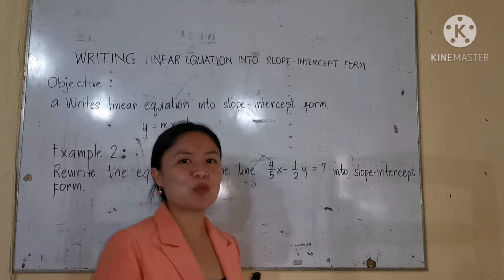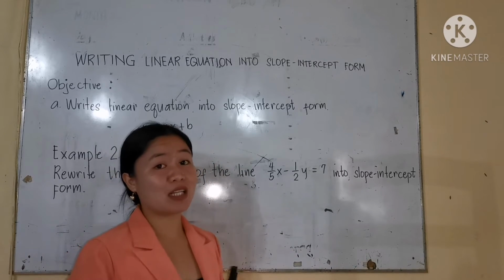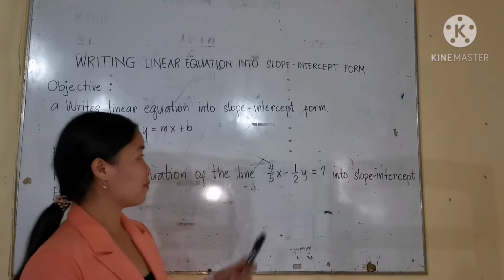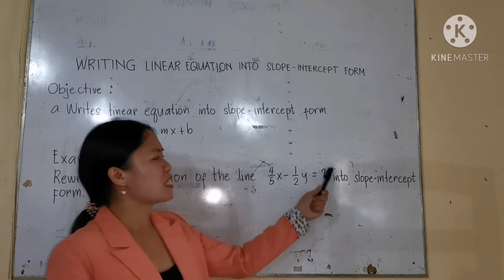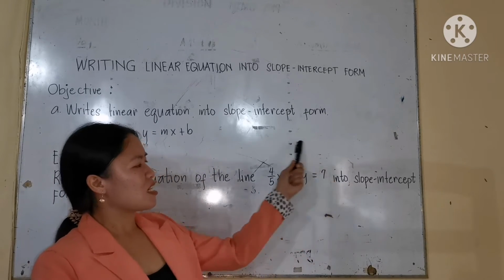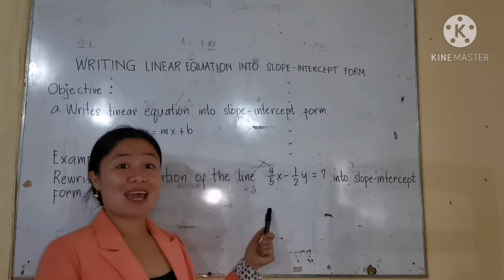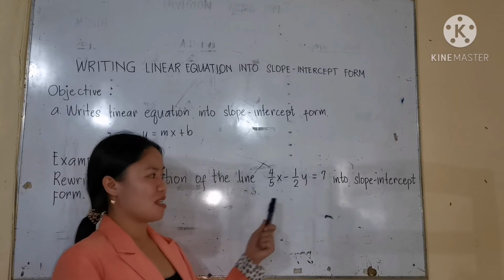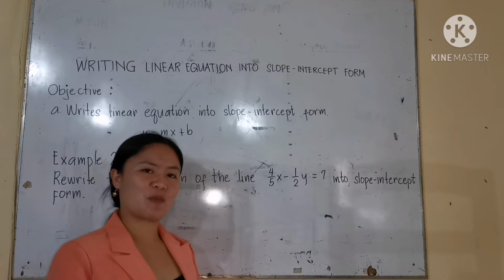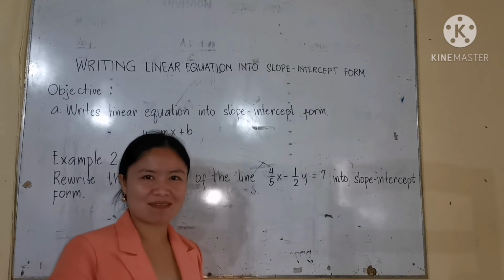In example 1, we just substituted the value of the slope and the y-intercept. But this one is in the form of ax plus by equals c, right? So we're going to rewrite it into slope-intercept form. How are we going to do that?